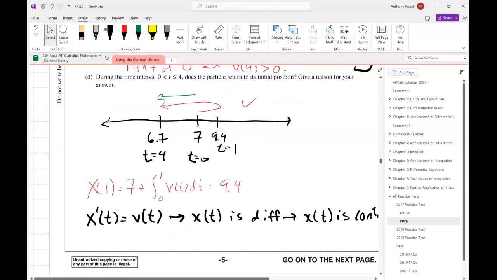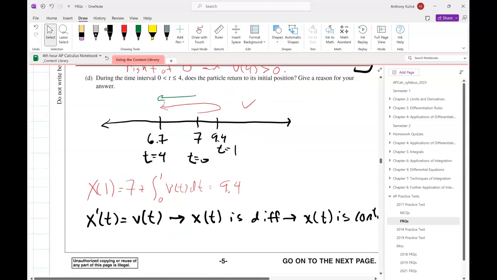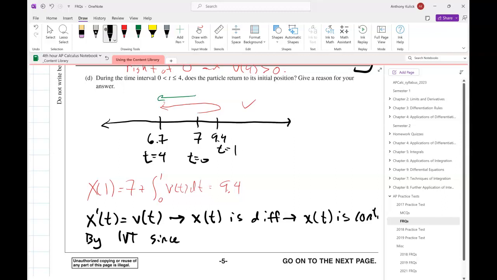So I would say it's not the definition of function, but it's the intermediate value theorem. So by the intermediate value theorem, since x of 4 is less than 7, which is less than x of 1, there exists some c on the interval from 1 to 4, such that x of c is equal to 7.